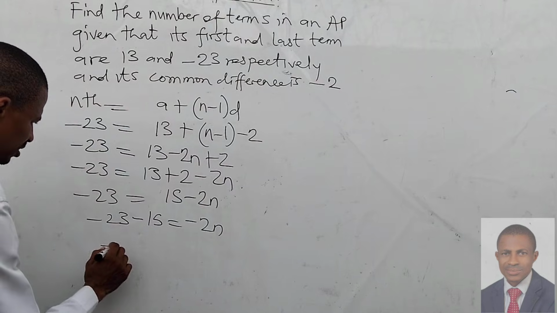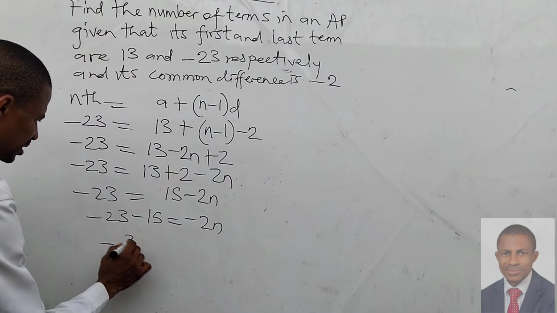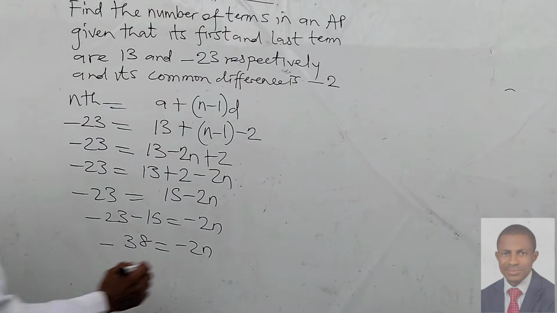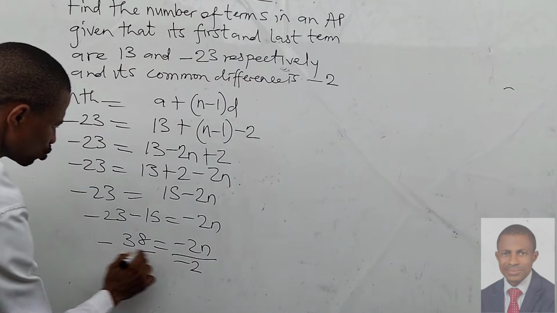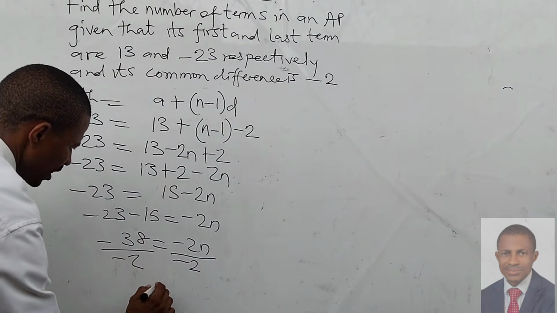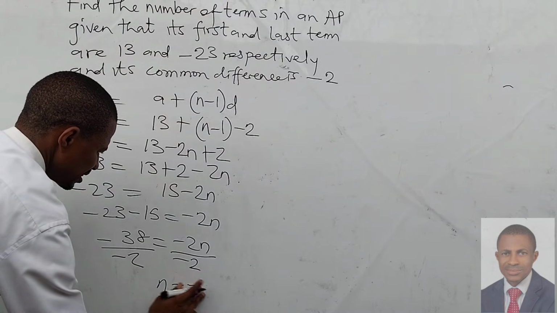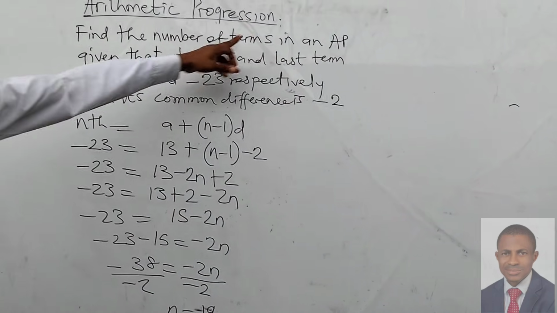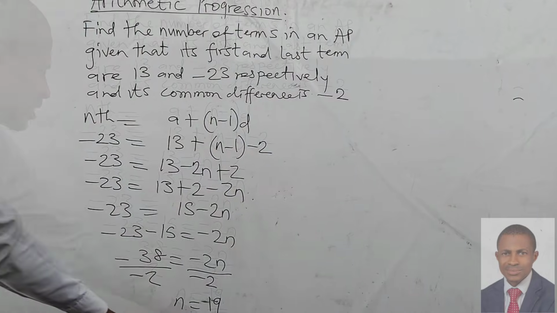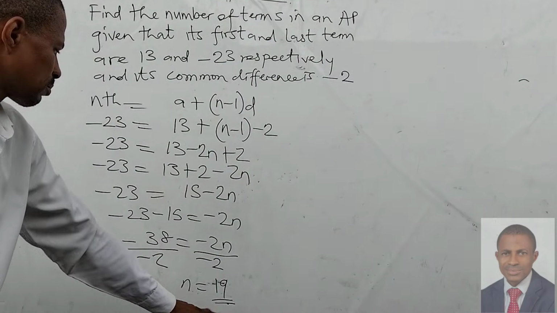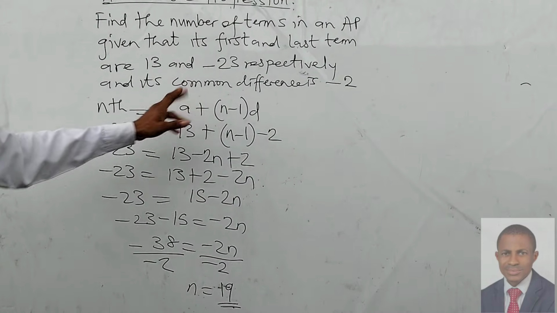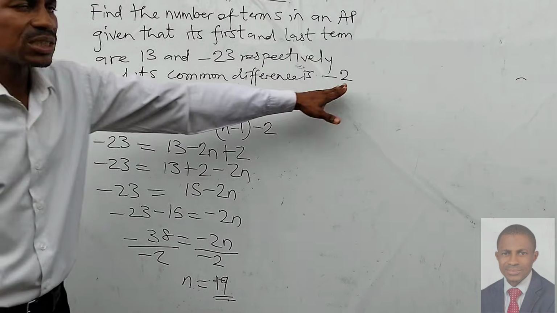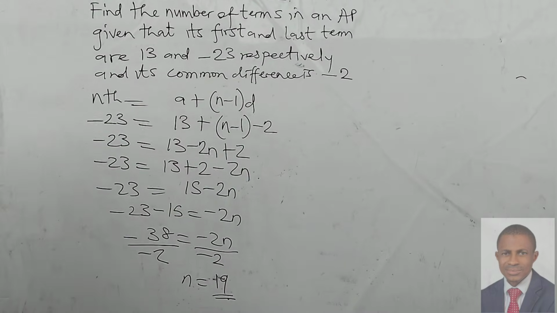So we have minus 38 equals minus 2n. So how do we find our n? We divide both sides by minus 2. So n will be 19. So the number of terms to have this expression, the 19th term of this question, will be minus 23, given that the common difference is minus 2. Thank you.